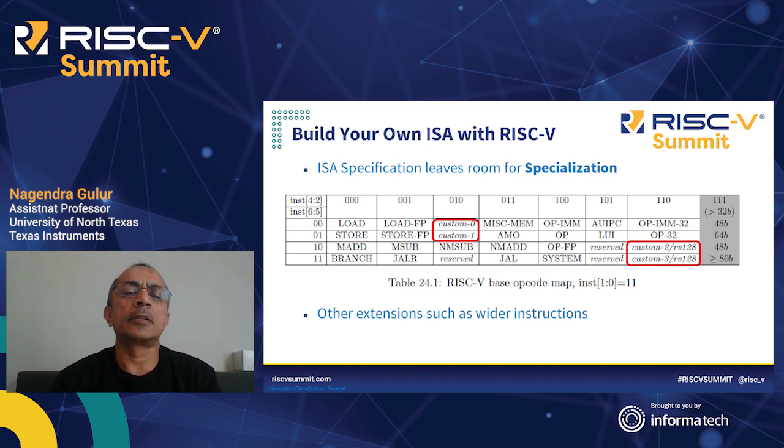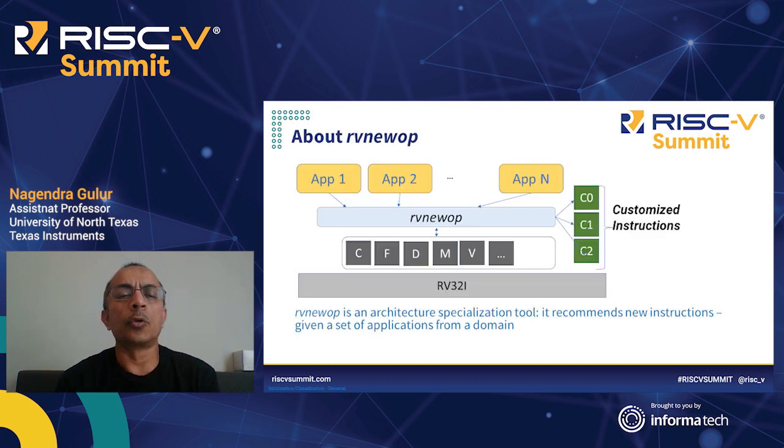These 4 spaces are essentially left open for bringing application-specific or domain-specific instructions to your main ISA, so that you can leverage very specific characteristics that you want to implement in your hardware. And there could be other kinds of extensions as well, such as wider instructions. So it is in the context of these specialization opportunities that we look at building our tool.